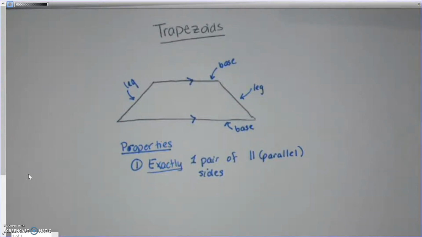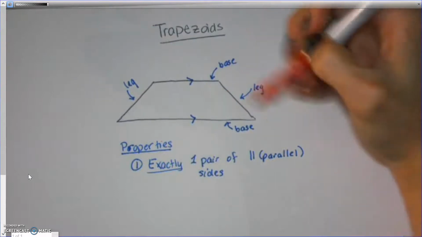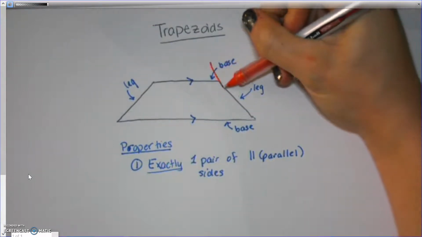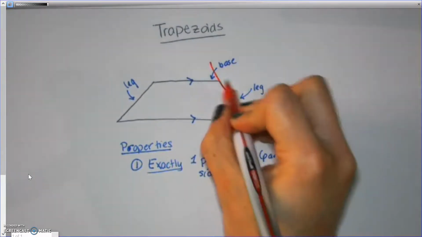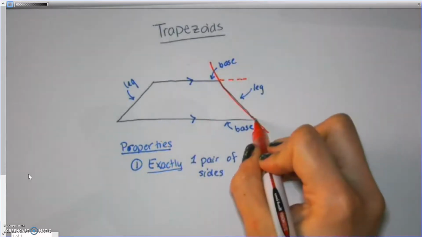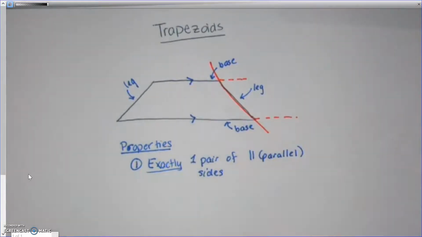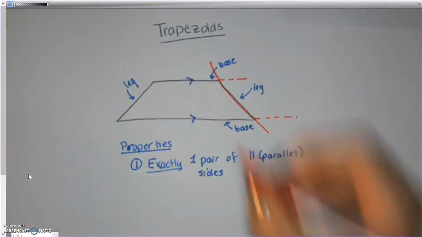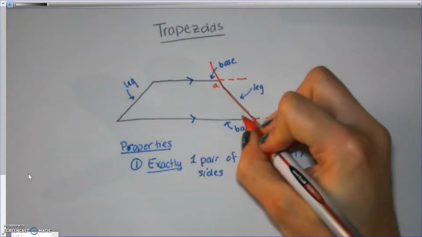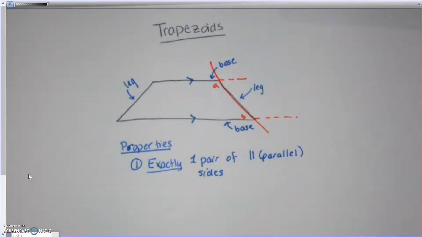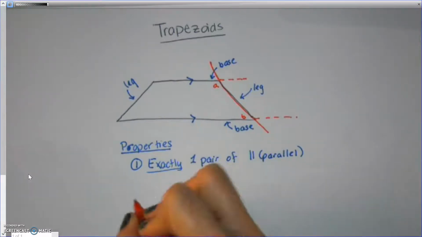Now let's think for a moment about this trapezoid. I have two parallel lines, and if I were to extend this leg and extend those parallel lines, these are actually our parallel lines cut by a transversal. So we know that these two angles here, which I could label A and B, are actually same side interior angles.